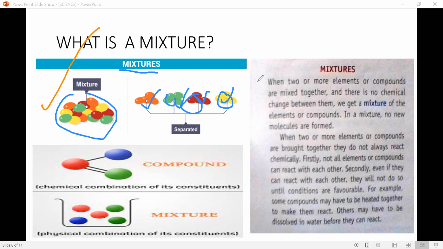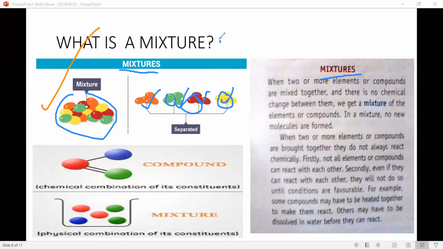The elements and compounds can react with each other, but only if the circumstances are suitable for them. What I'm trying to say is, how is a mixture formed?